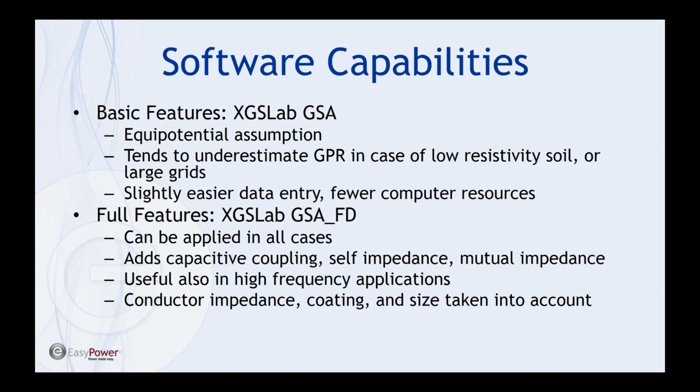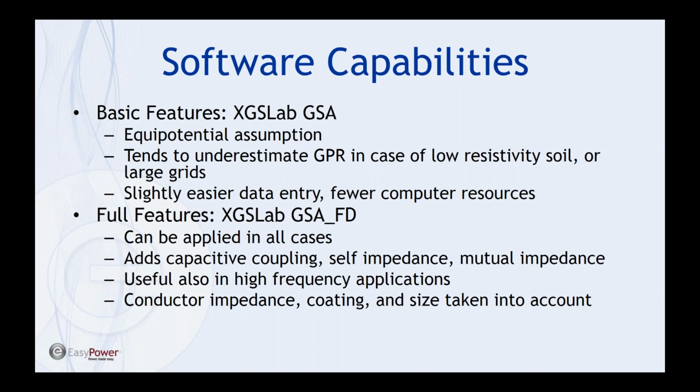All of these modules have what's called the equipotential assumption that we've talked about before, where there's no conductor impedance, which means the ground potential rise of all of the conductors on the grid is exactly the same, and they all leak the same amount because there's no impedance in between them.